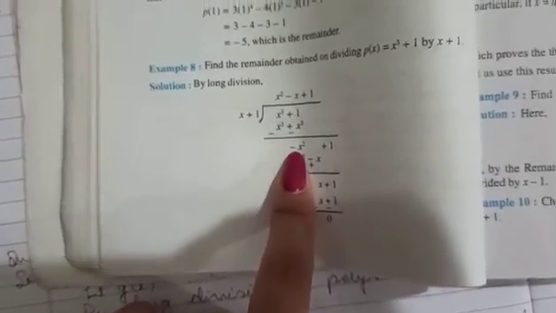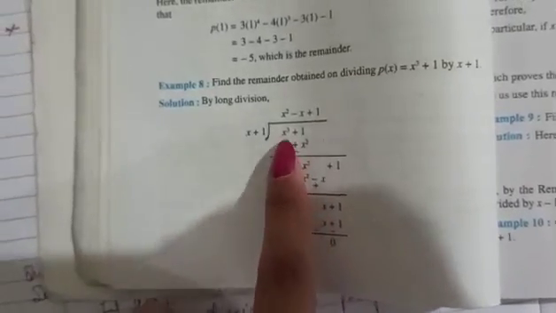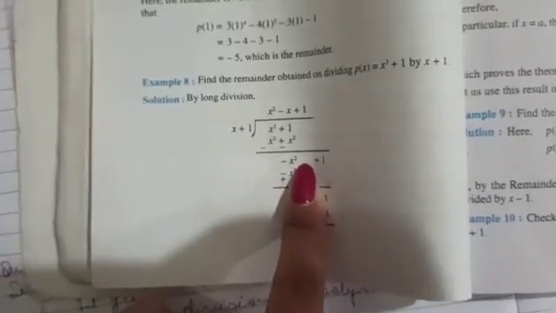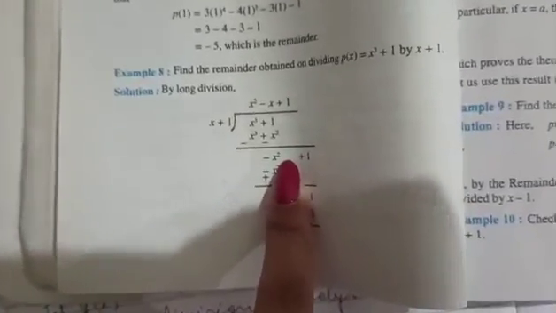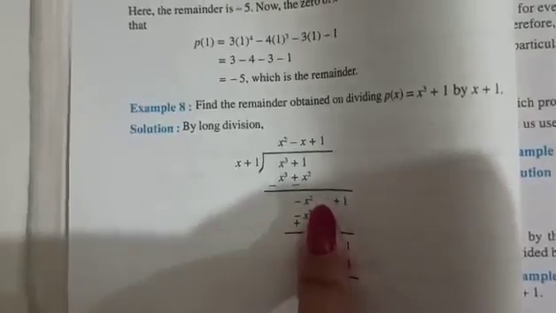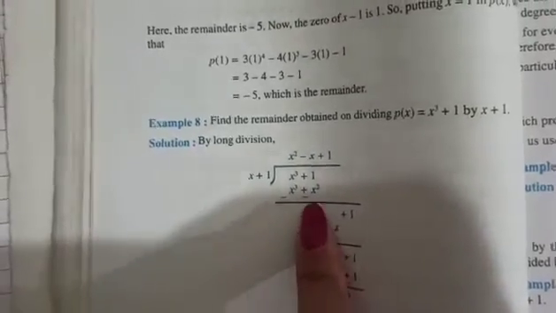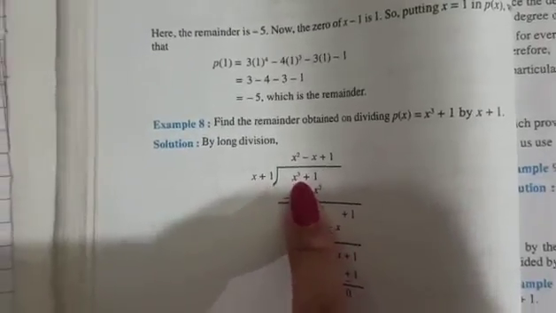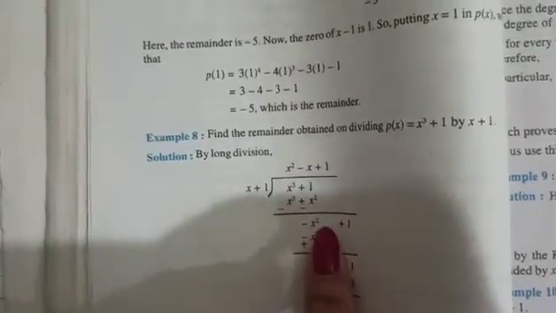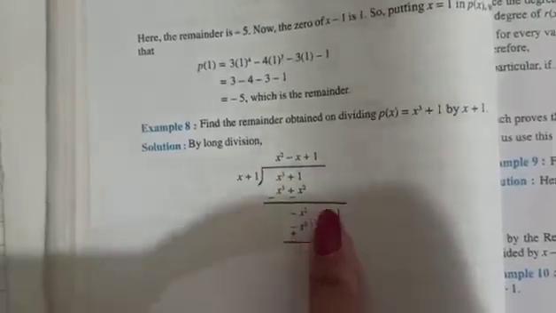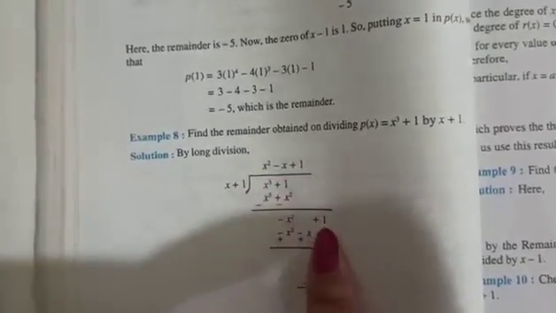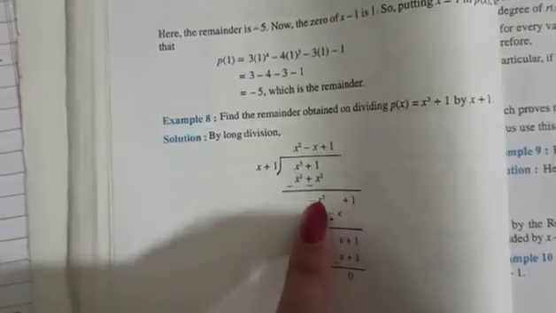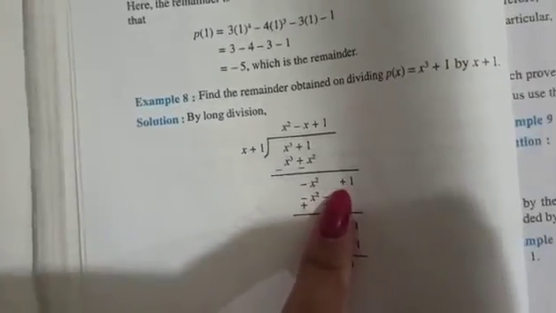We also don't have any term of x, so we will leave some space for x. There is no term of x in the dividend, so we leave some space for that. Now the constant term is there in the dividend, so we'll write the constant term as it is.